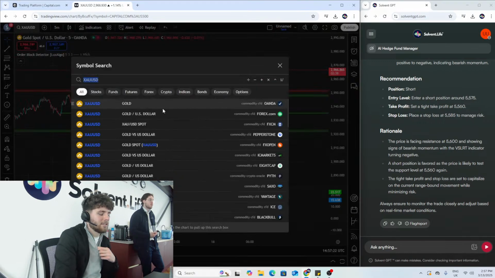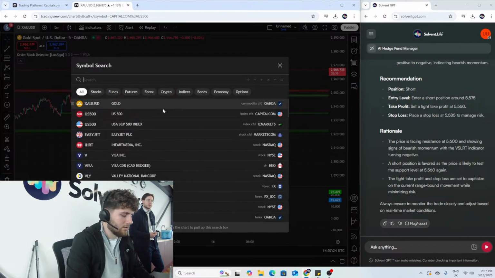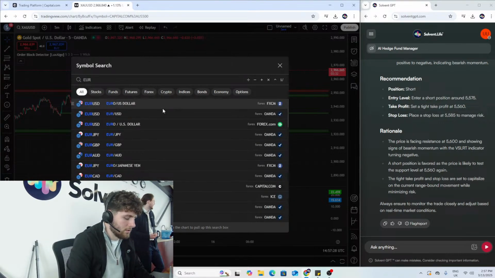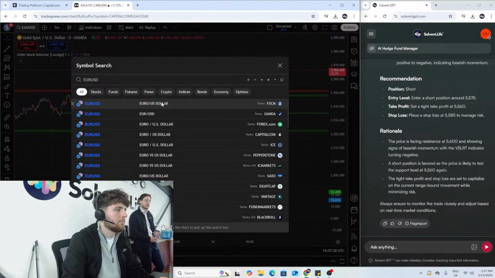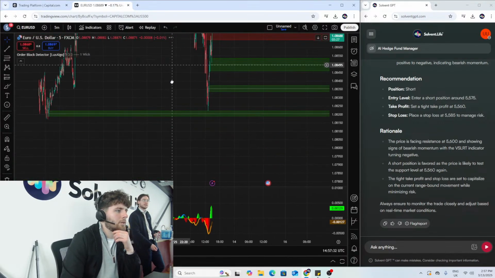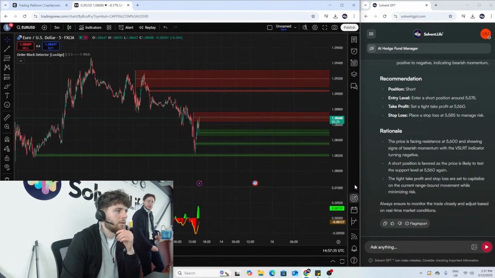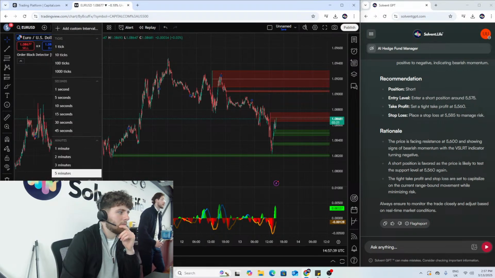Yeah, very interesting. Perhaps we could take a look at maybe euro to dollar. Big drop down here. These are very big moves over the 5 minute.